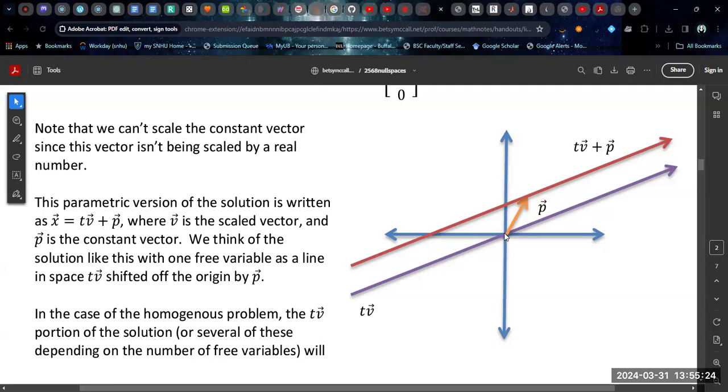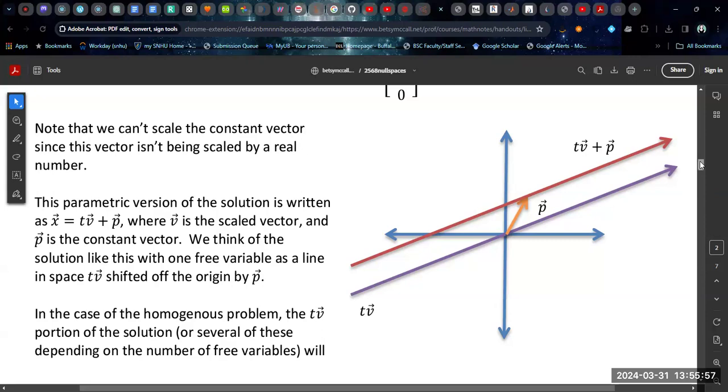If we have a dependent system with constants, so that's not homogeneous, then in fact, the dependent system will be the original homogeneous solution, but shifted off by some constant vector. So there will be a constant that moves that vector solution from the origin to some point that does not go through the origin anymore. So these vectors are actually related to each other.